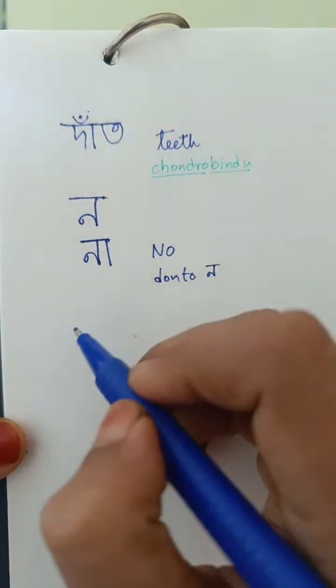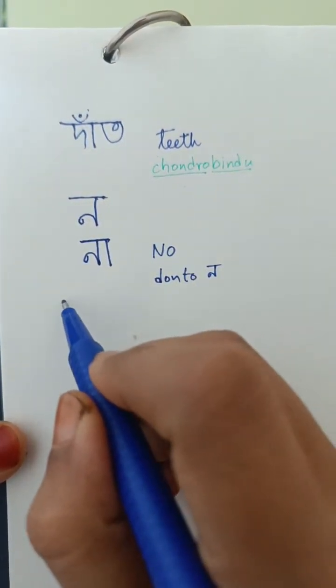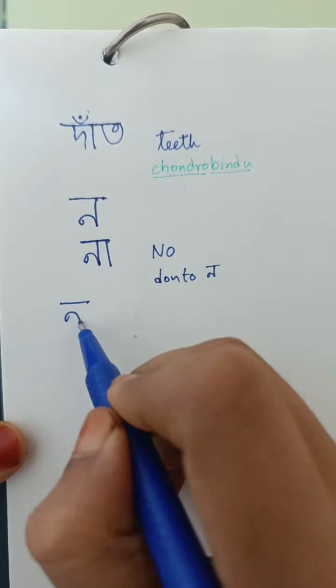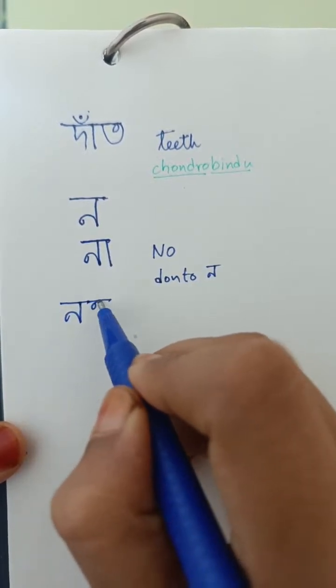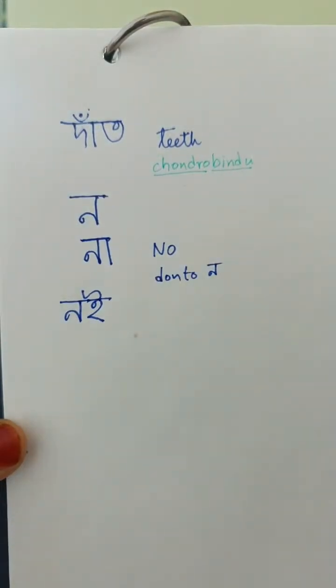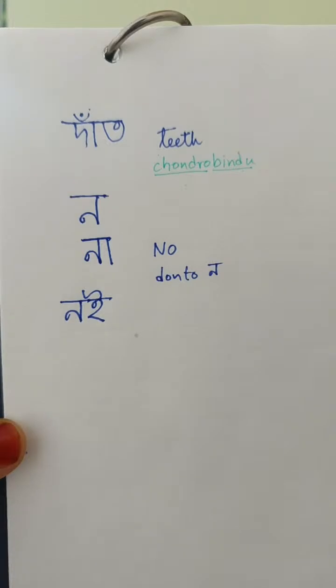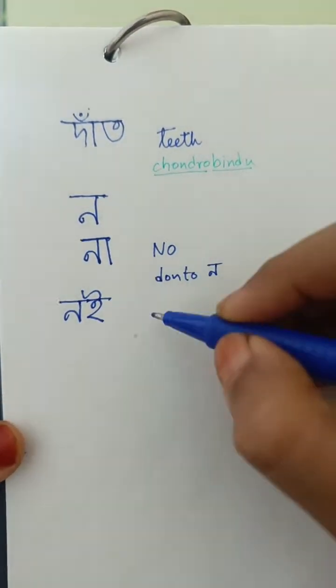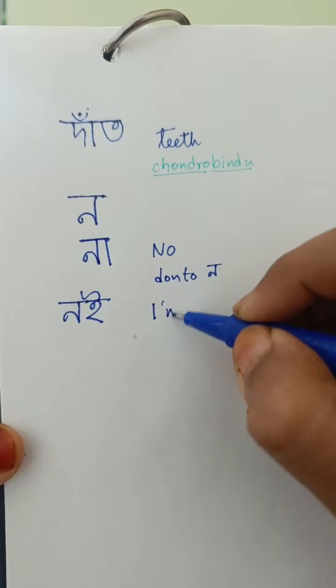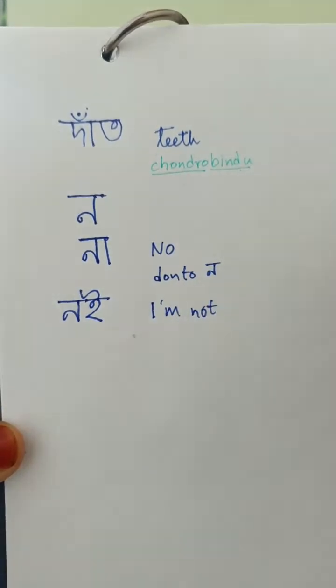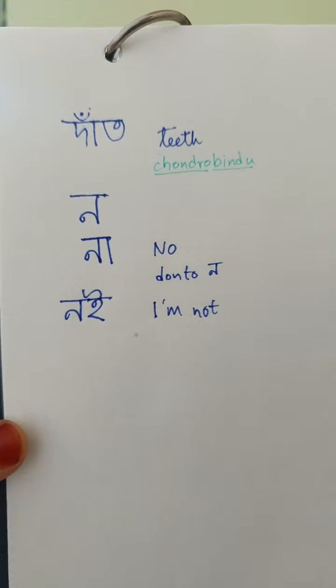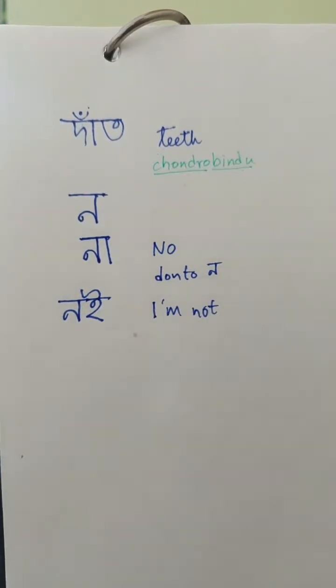Let's try another word. There are so many possibilities. Noi. Noi means I'm not. For example, if you want to say, I'm not your friend, friend is bondhu.